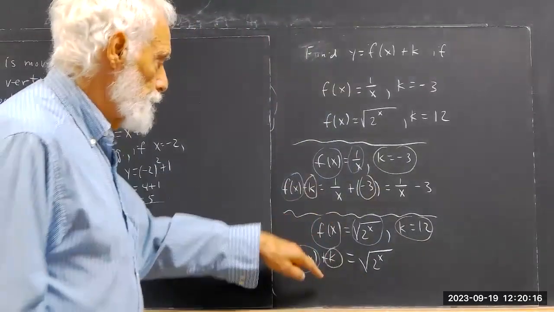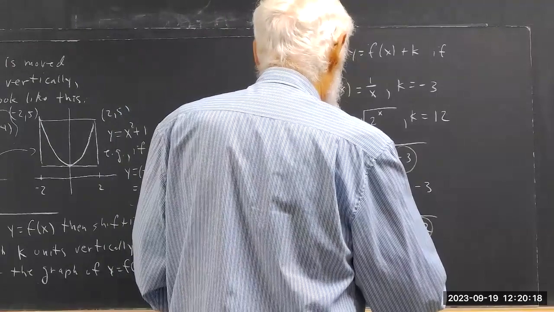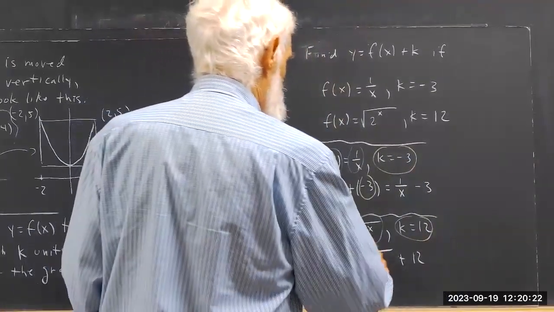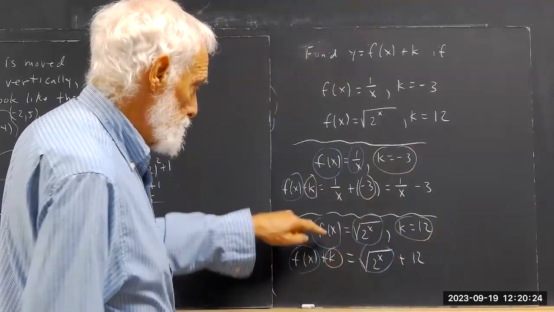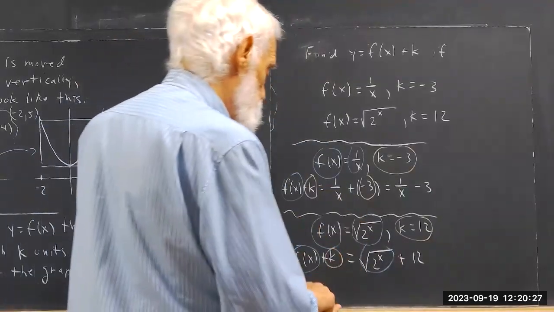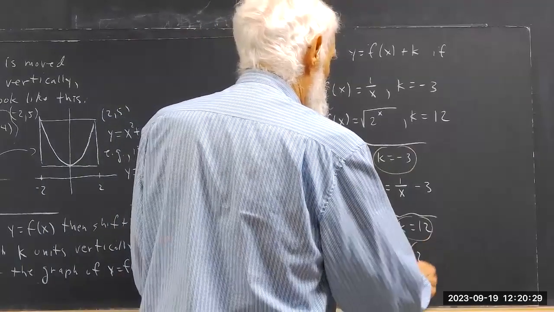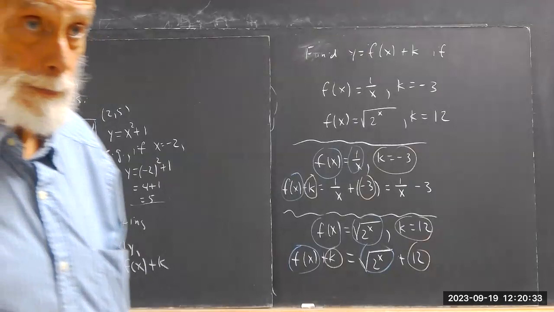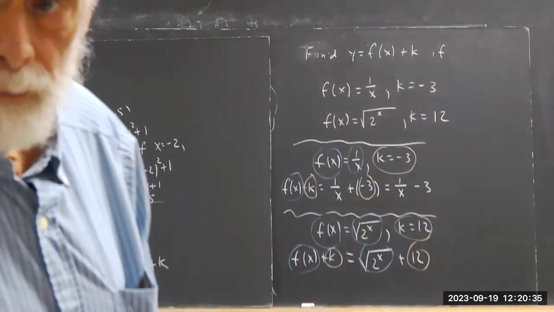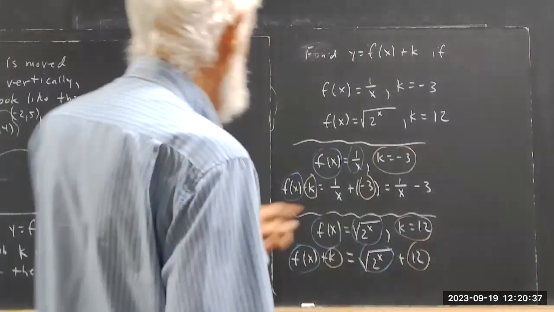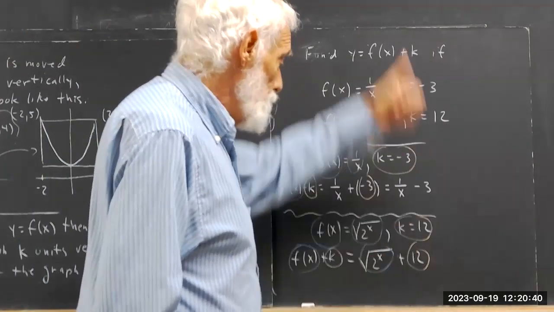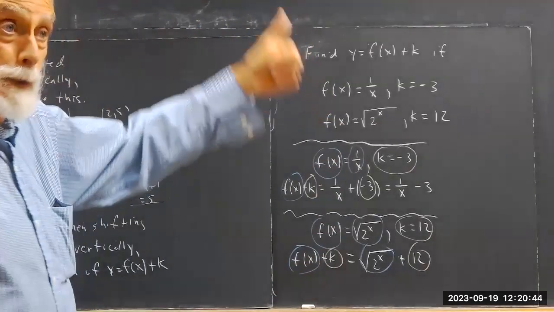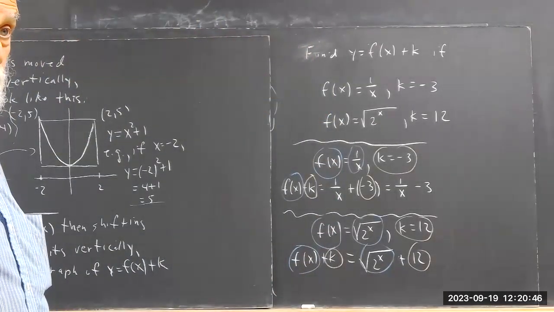So you're going to just write 12. Here's your 2 to the x, which is your f of x, and here's your k. It's plain old 2 to the x plus 12. And what that does is take the graph of 2 to the x and make all your y values 12 bigger, which means it's going to raise the graph up 12 units. And you know how to do that.